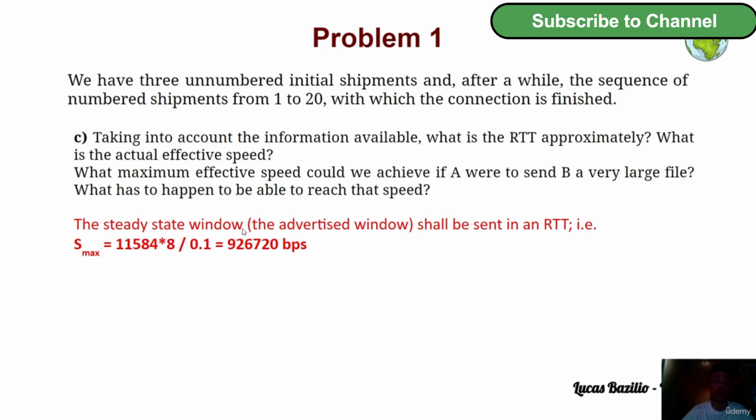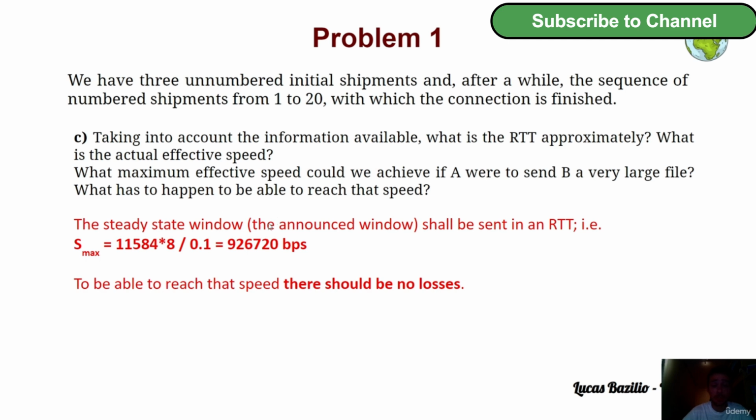Once again, we need to send the size of the advertised window in only one round trip time. This means that we have the maximum effective speed. And so what has to happen to be able to reach that speed? Well, whenever we want to reach the maximum effective speed in a TCP connection, the condition is that there should be no losses in the TCP connection.